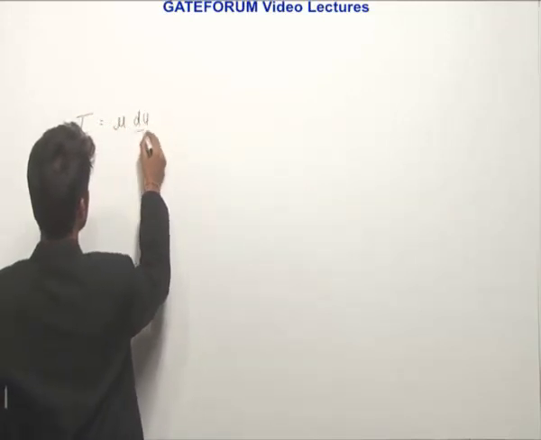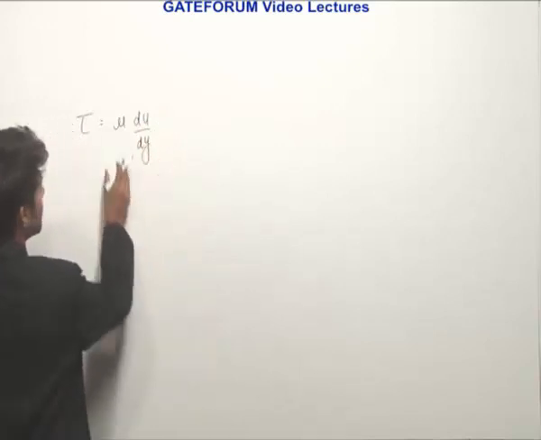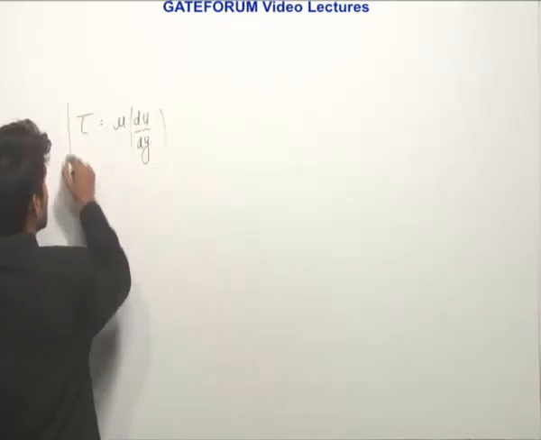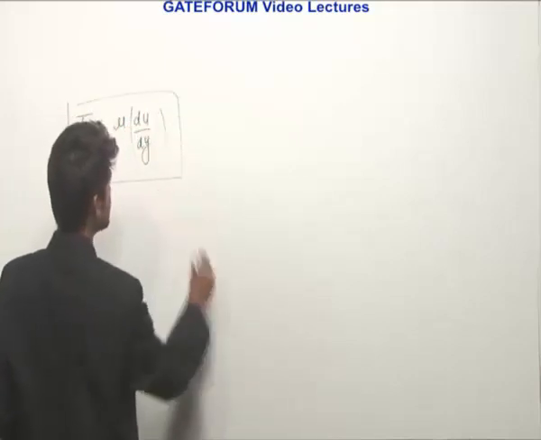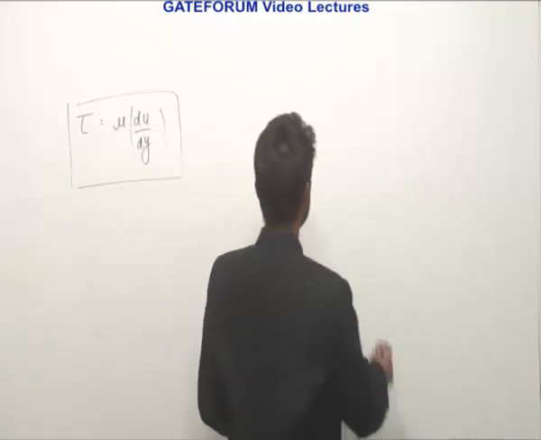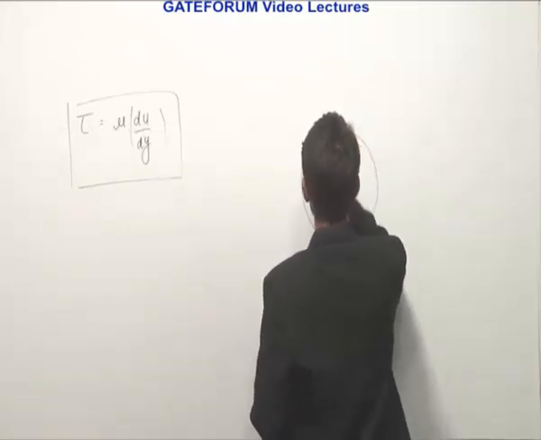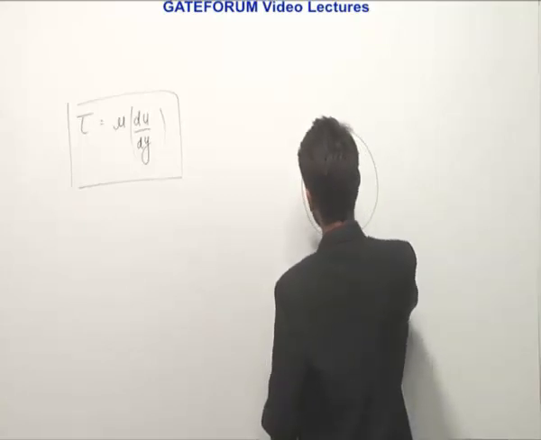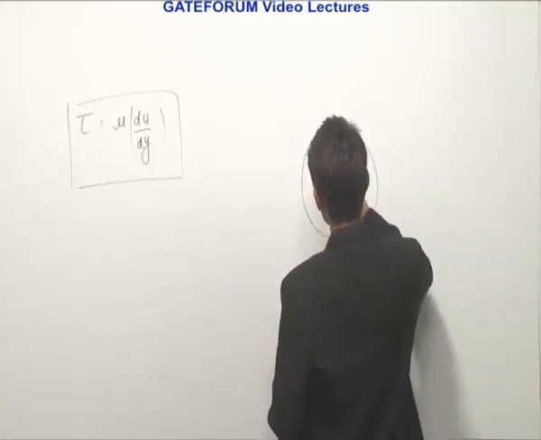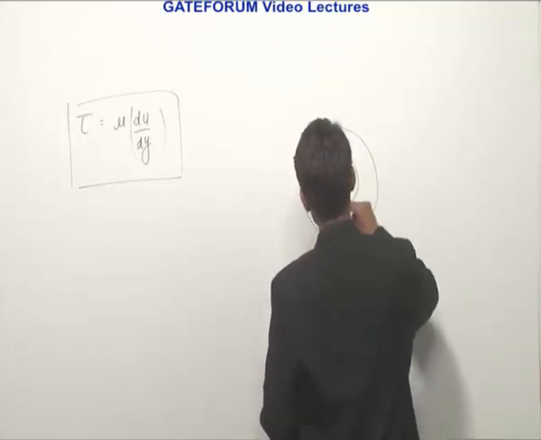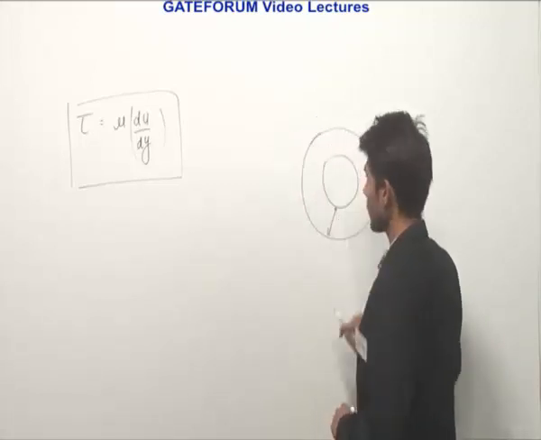found as viscosity multiplied by velocity gradient. Now in our problem, in any journal bearing there will be a journal in which the shaft is rotating, and for our case the shaft is rotating and there is a thickness of this oil.